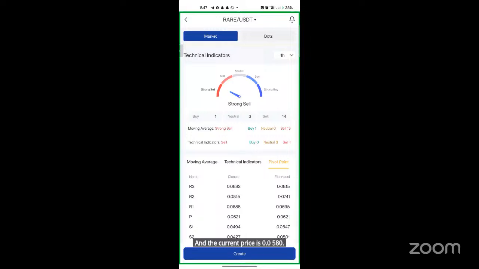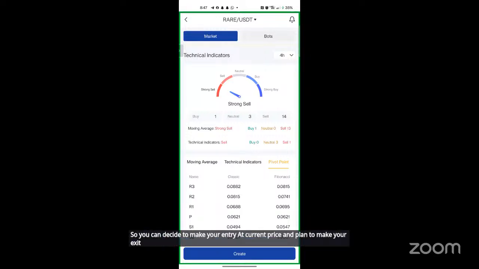Question, is it below the pivot or is it above the pivot? It's above the pivot. So you can decide to make your entry at current price and plan to make your exit at resistance 1.